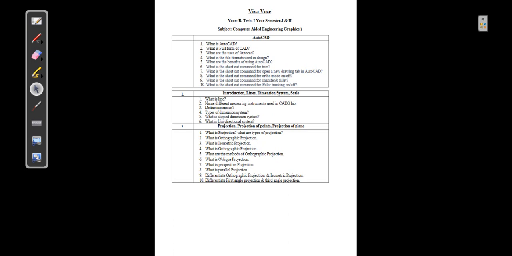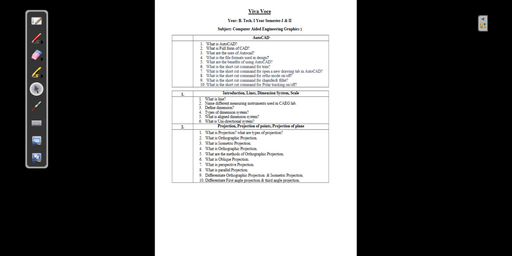Now there will be a question on what is the aligned system. The aligned system is where the values of the size are placed above the dimension line, and it should be at the center. The observer will be at the bottom of the view, and also on the right side.